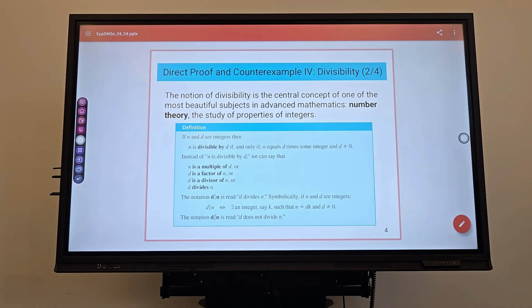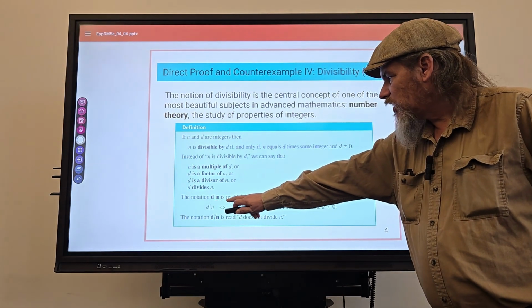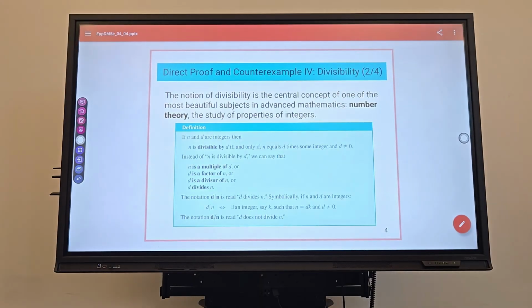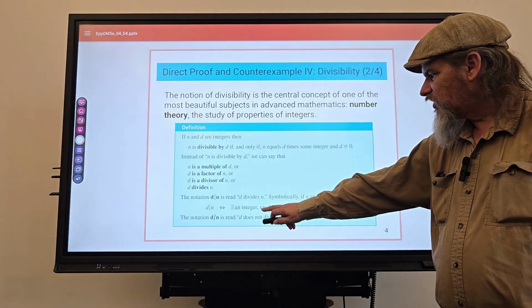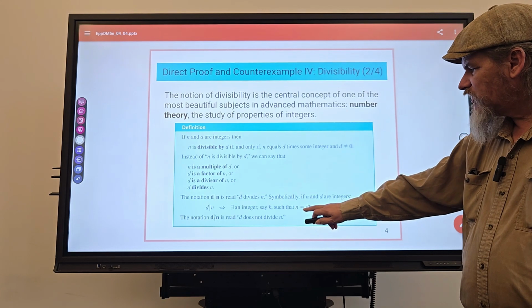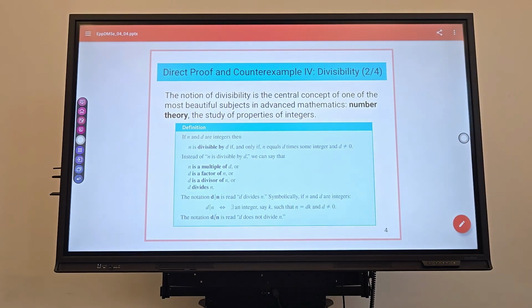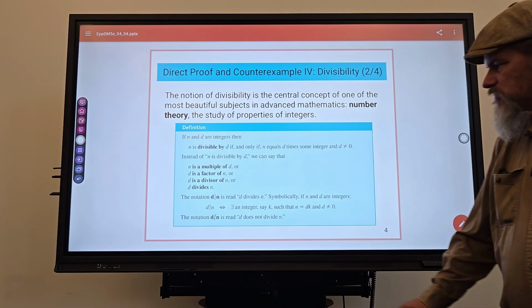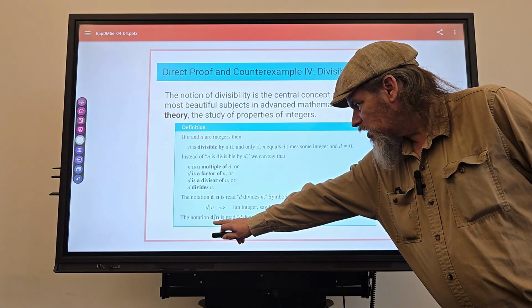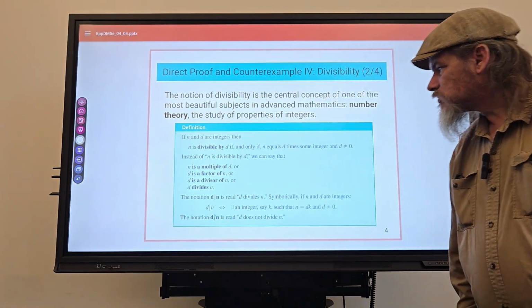The notation here is read d divides n. Symbolically, if n and d are integers, that means that there exists an integer, say k, such that n equals d times k and d does not equal 0. The notation that d does not divide n is right here.